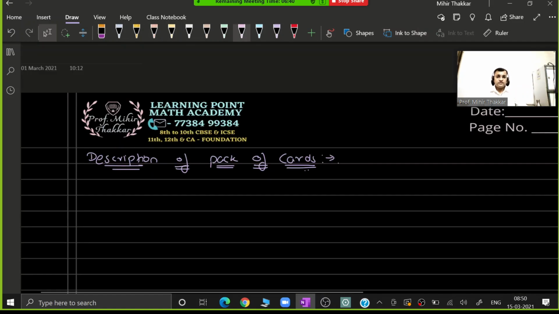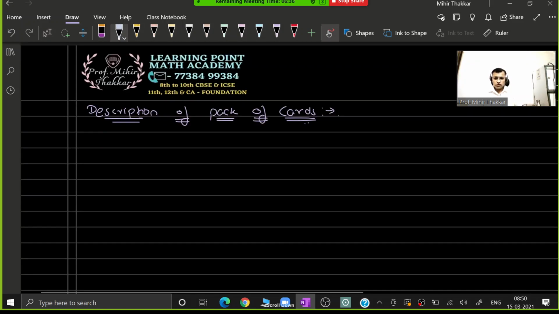So in a pack of cards, guys, we have 4 suits. I'll just draw in rough. Something like this.